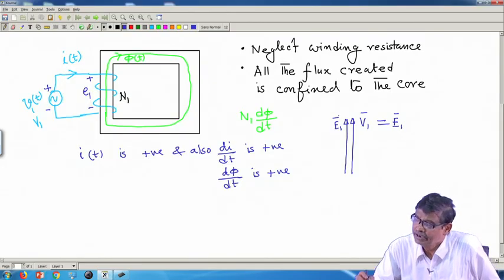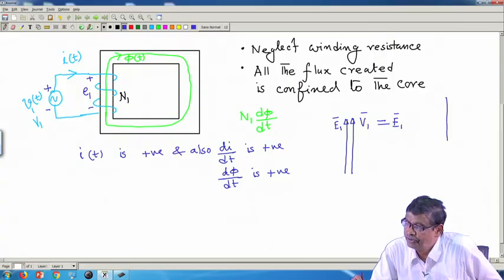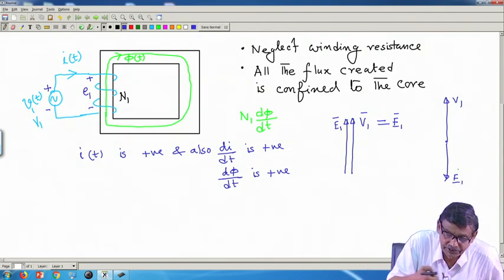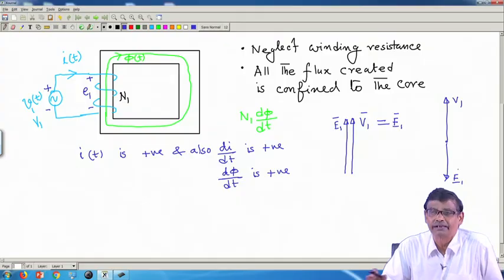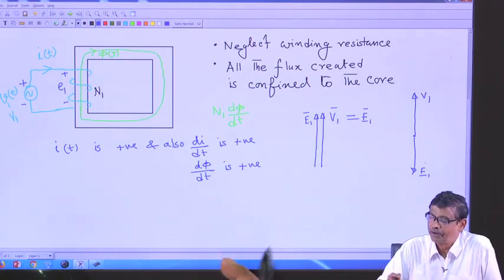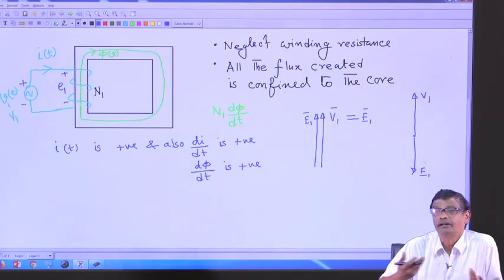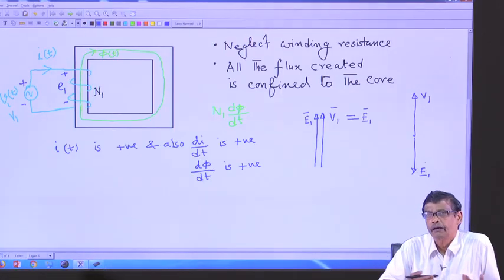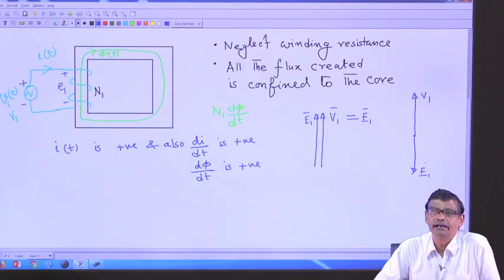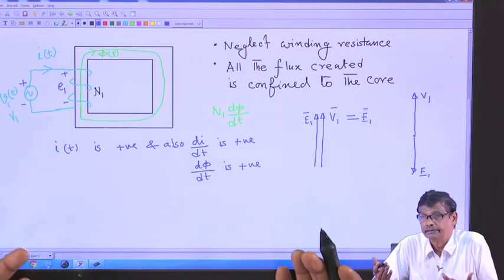In many books, they will show V1 like this, and E1 in opposition to indicate that E1 acts in opposition with V1, but I will not do that, because I know a time phasor means what? With respect to time, how V1 is changing and how E1 is changing. When V1 is maximum, E1 too will be maximum, and so on. So, they are in time phase.